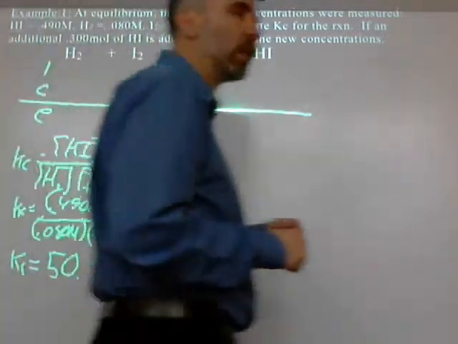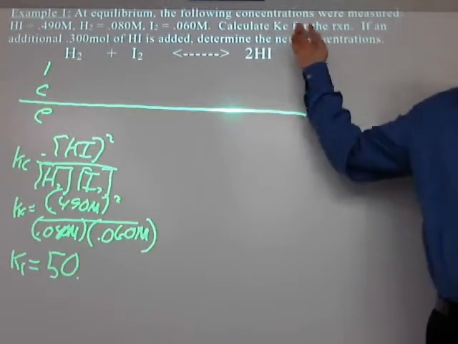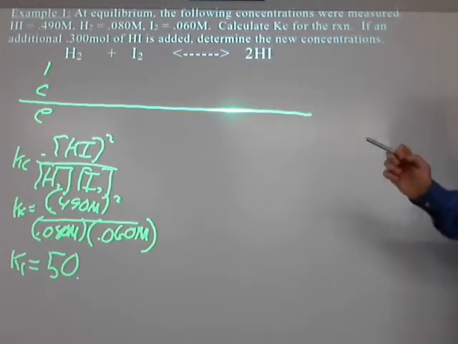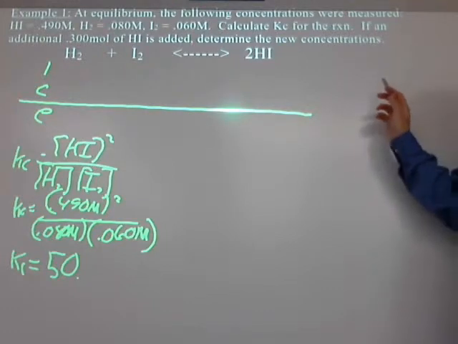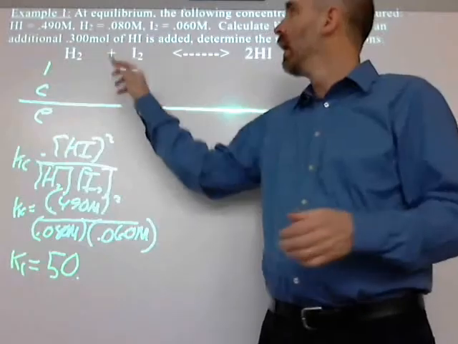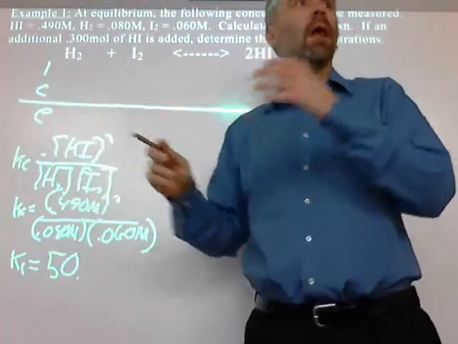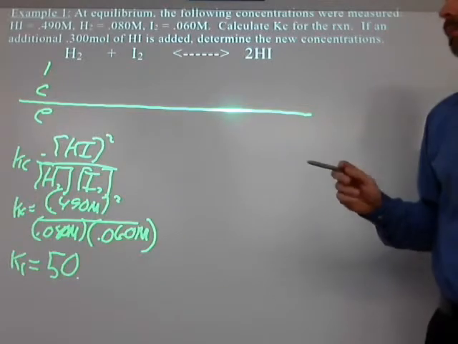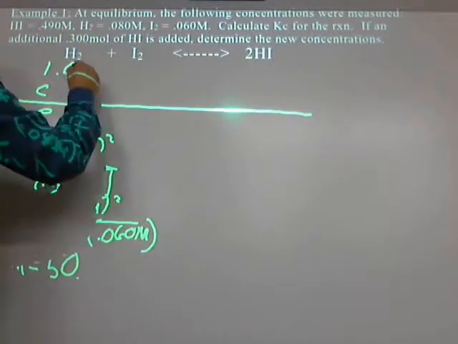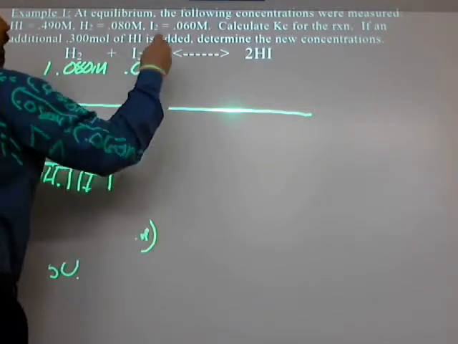All right, good. We got KC. Now, let's take a look back to our problem here. Part A is done. Second part: if an additional 0.3 moles of HI is added, determine the new concentrations. Normally the initial concentrations are like 0.2, 0.2, and 0, and you know which way it's going to go. Not this time. The initial concentrations are, for H2, 0.080. I didn't change it. For I2, it's 0.060.